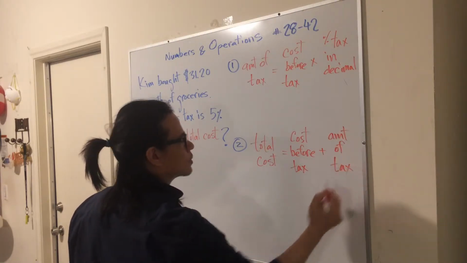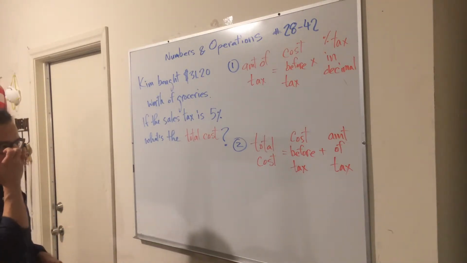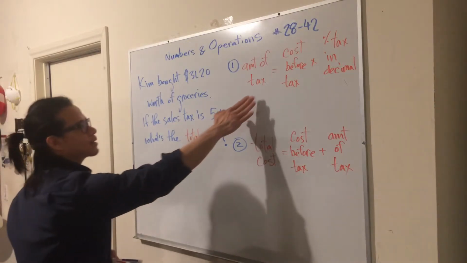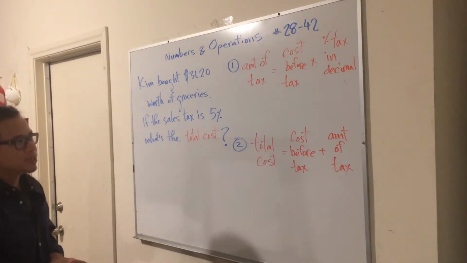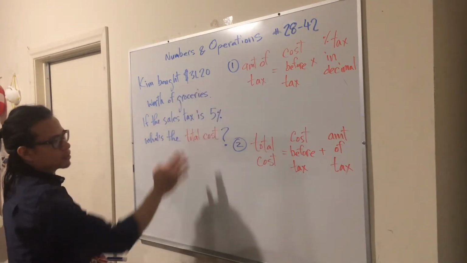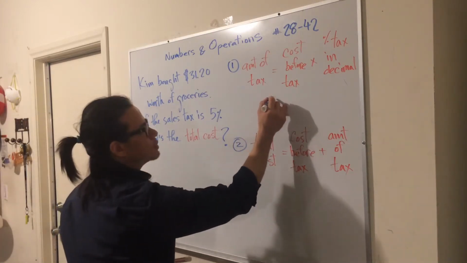Okay. Let's let that sink in before we move on here. Okay, so we are going to find the amount of tax that Kim needs to pay for the groceries, and then we'll add it to the cost of her groceries to get the total cost. Okay, so let's fill in these variables here.